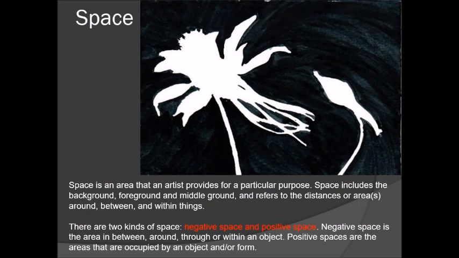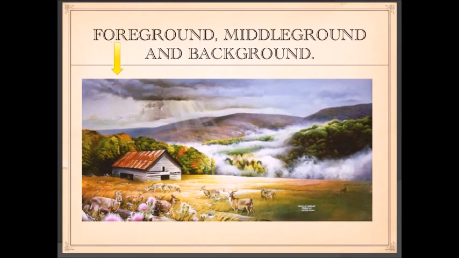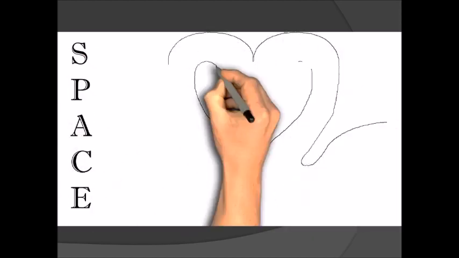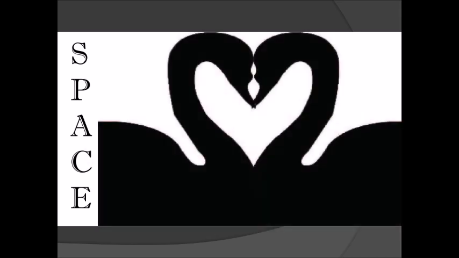Positive spaces are the areas that are occupied by the object. Here's an example. Foreground, middle ground, and background. Here's our example of positive and negative space.